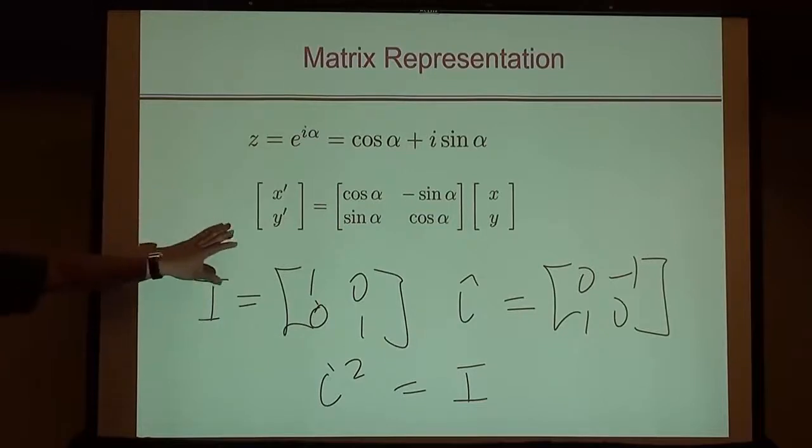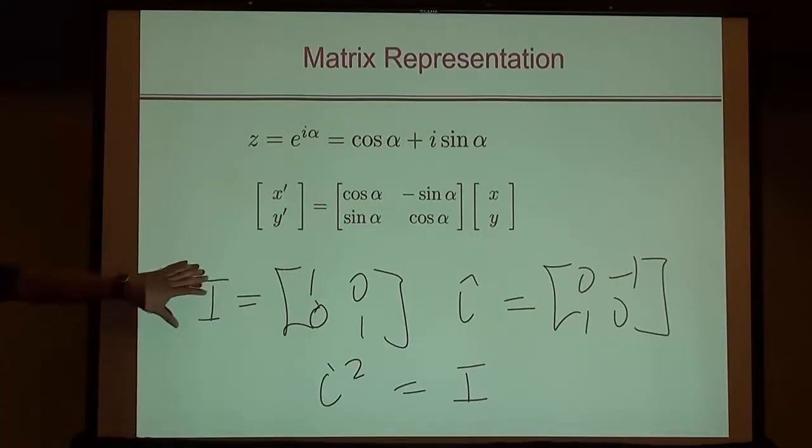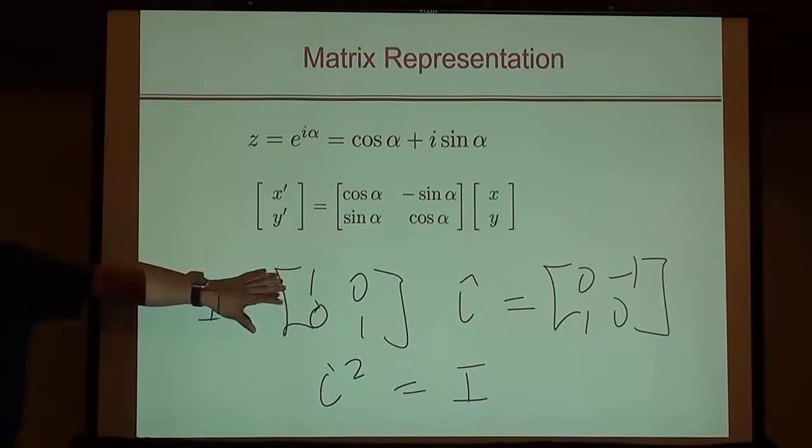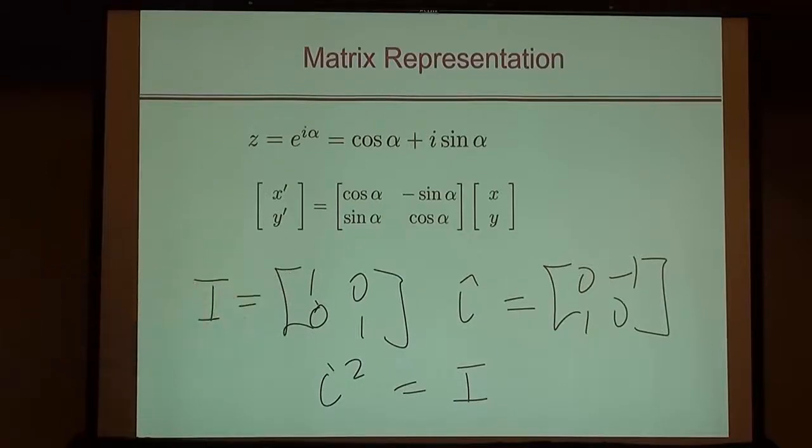Hamilton approached quaternions purely from algebraic reasoning, and Clifford handled it purely from geometric reasoning. I think it's the geometric reasoning that makes a lot of sense to us as people who work in kinematics.